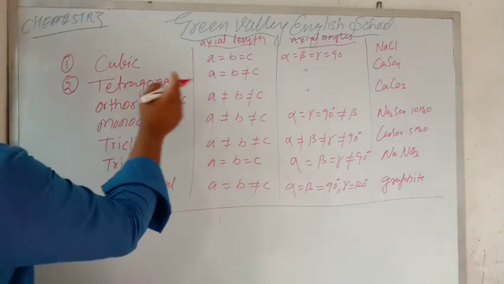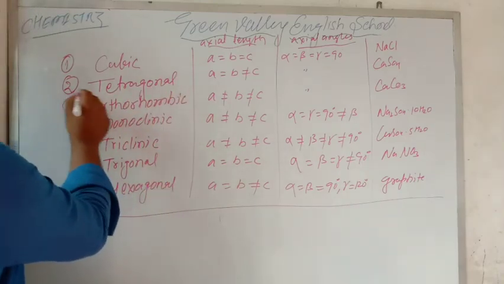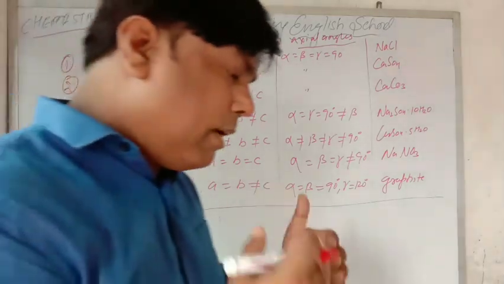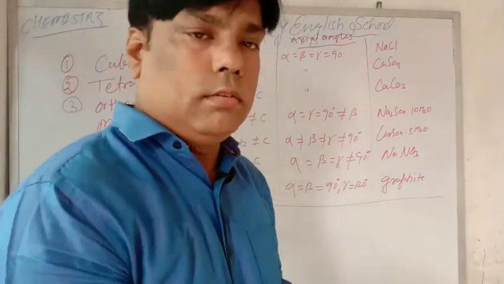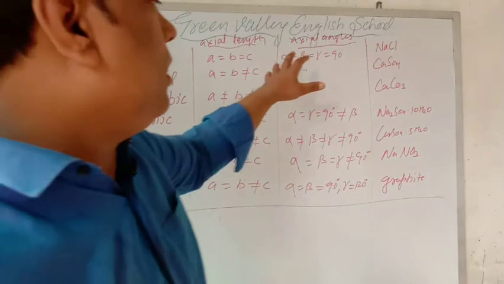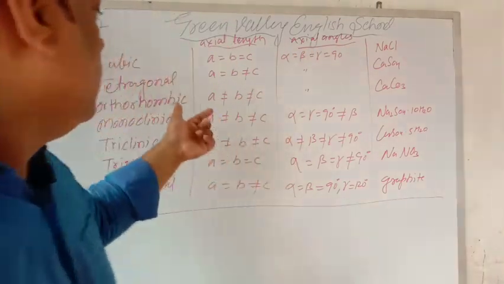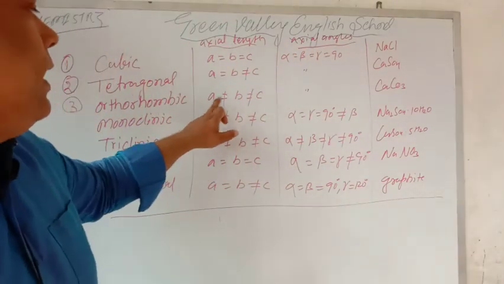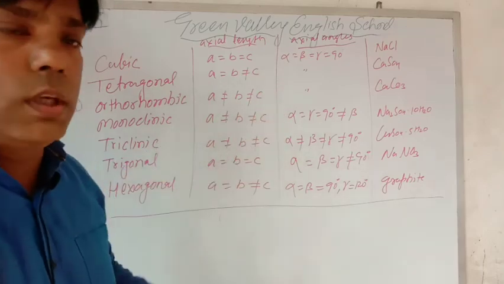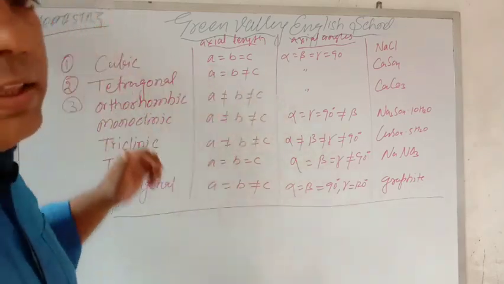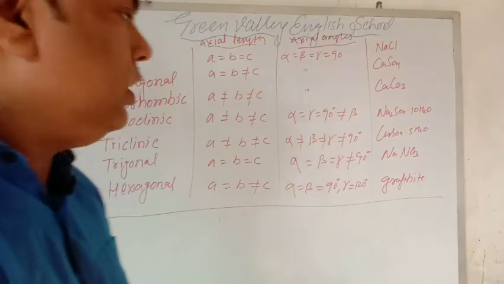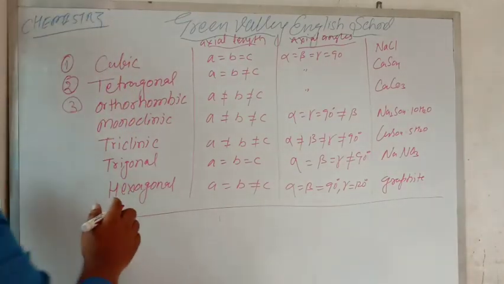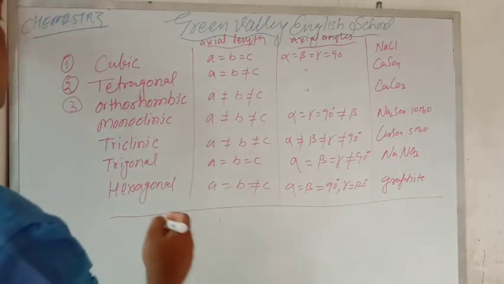In case of orthorhombic, alpha, beta, gamma are also 90, so there is no change in the angles, but A is not equal to B and B is not equal to C. All 3 axial lengths are different from each other. An example is calcium carbonate.